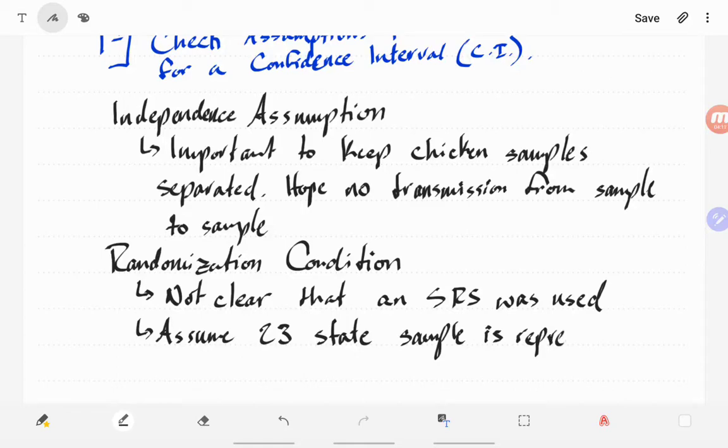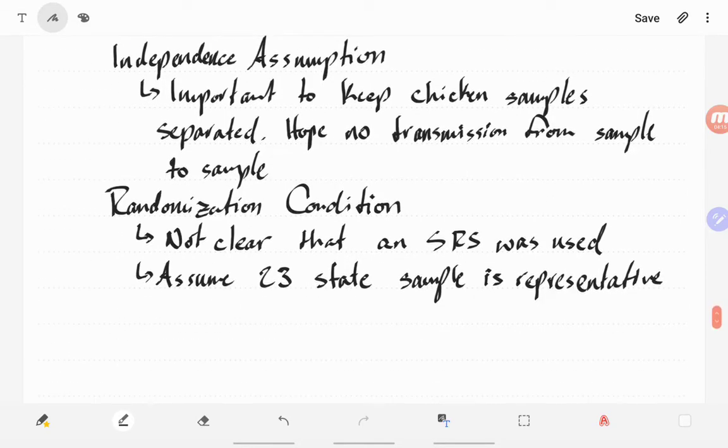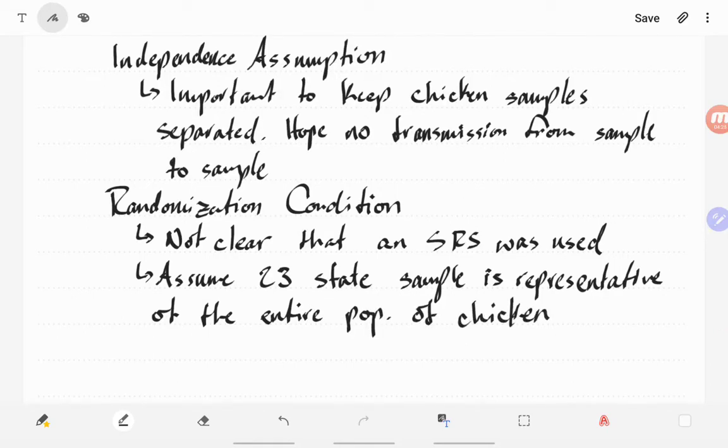This is important. It's very important that whatever sample we use is representative of the entire population of chicken, because we want this sample to be representative. We don't want to just come to a conclusion and then at the end of it have to say, well, you know what, what we found cannot be applied to anything. That's the last thing that we want.